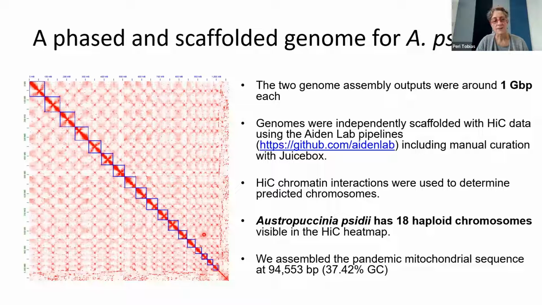So that part took some time, but it ended up being quite a useful tool to clarify these chromosomes. And what we were able to see, so these blue boxes represent the chromosomes. And for the first time, we were able to see that the myrtle rust has 18 haploid chromosomes. So you can just count them.